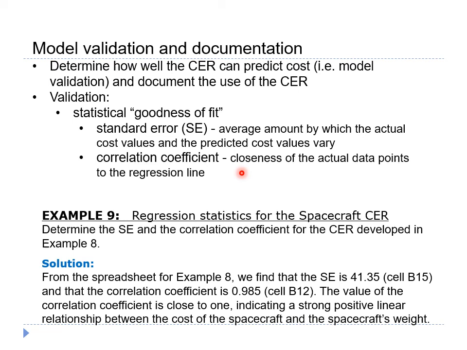For the previous example, the standard error can be found in cell B15, whereas the correlation coefficient can be found in cell B12. The value of the correlation coefficient is close to 1, indicating a strong positive linear relationship between the cost of the spacecraft and spacecraft weight.